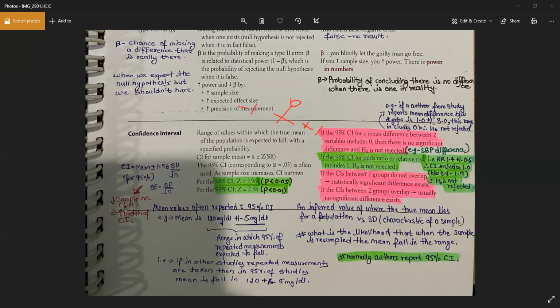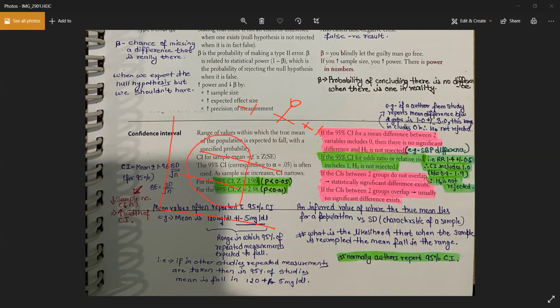Similarly, if you get a graph and the graphs are overlying each other, then again this means the study is not accepted. So if a statistically significant difference is there, but the confidence interval between the two groups is overlapping in the graph, like this value and this value you are getting, you can see that both the graphs are overlapping here.